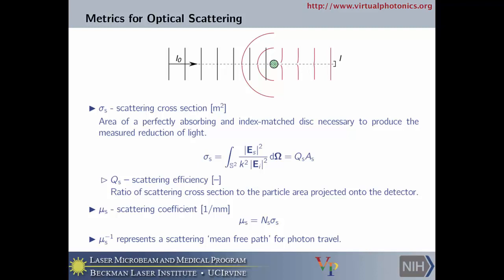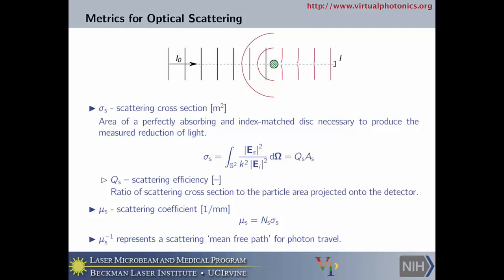So this incident light on the scatterer will give rise to a scattered wave, and the single scattering cross-section has units of area. Conceptually it represents the area of a perfectly absorbing and index-matched disk necessary to produce the measured reduction of light. So this detector is not going to capture I naught.